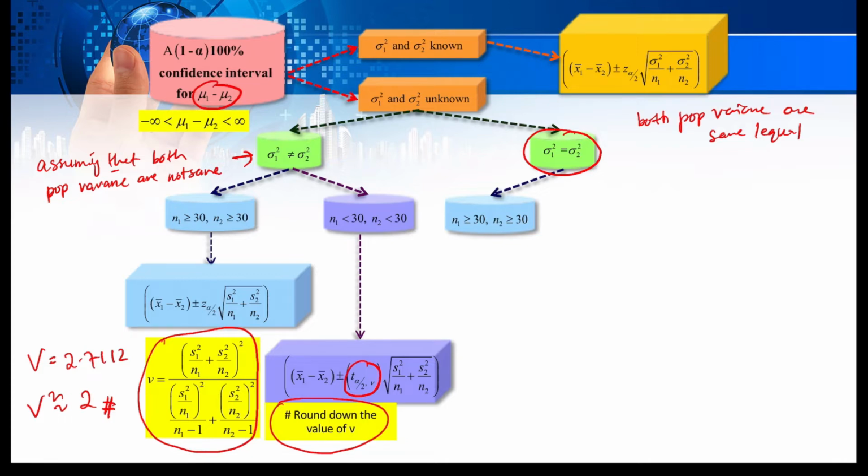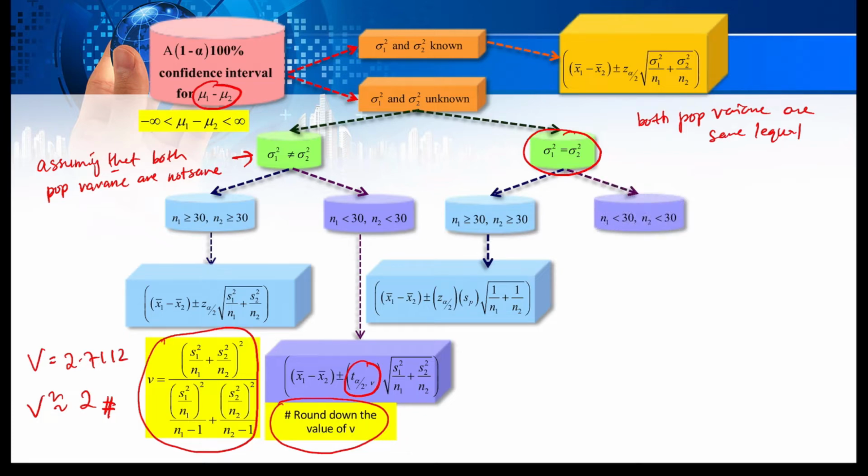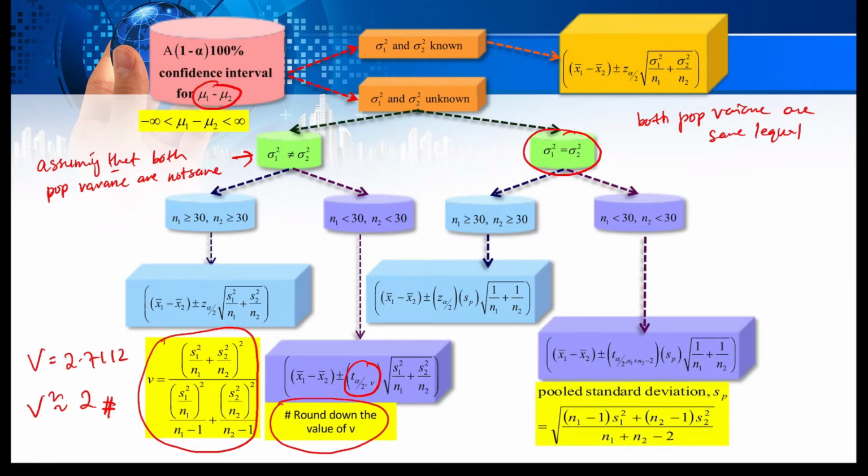If both sample sizes are greater than 30, you use the fourth formula. If both sample sizes are less than 30, you use the fifth formula. Notice here that for equal variance, you have Sp, the pooled standard deviation, where Sp is equal to this formula.